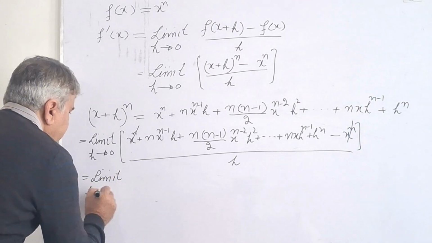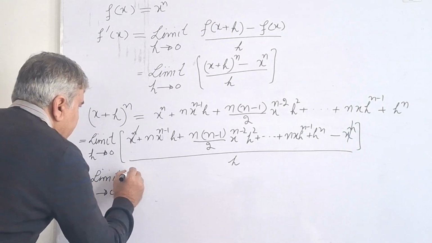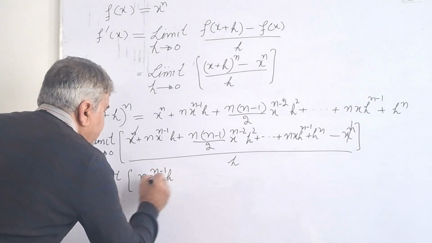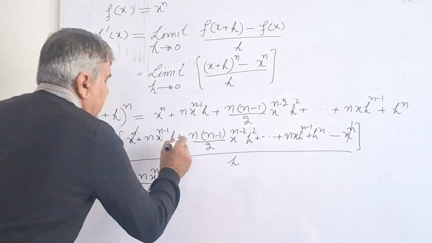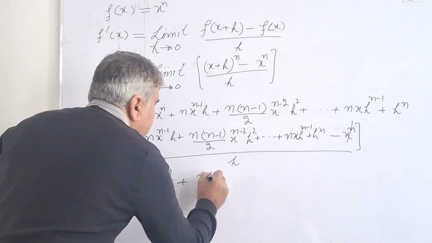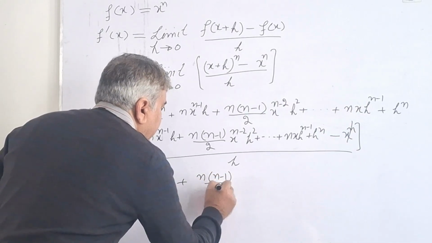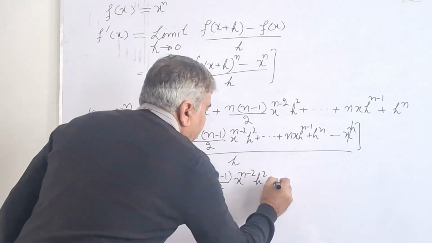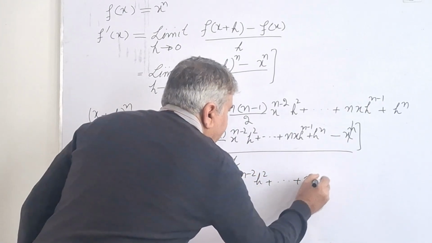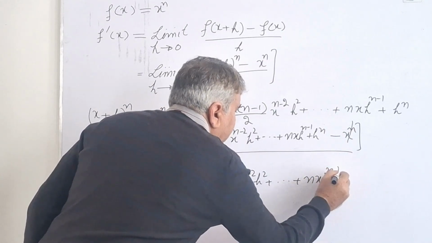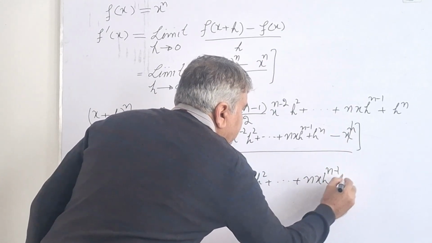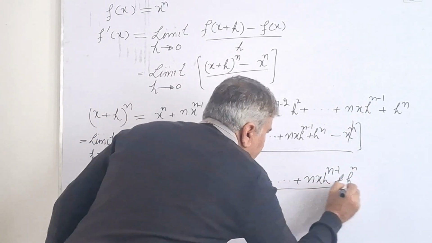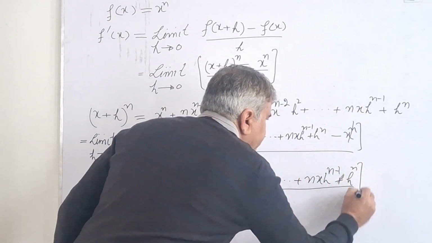So I can write this as limit h tends to 0 of n x power n minus 1 h divided by h, and then plus n into n minus 1 divided by 2 x power n minus 2 h squared plus so on, n x h power n minus 1 plus h power n, the whole of this divided by h.